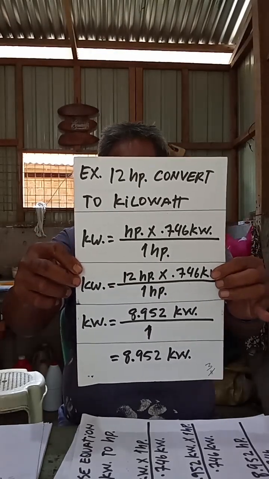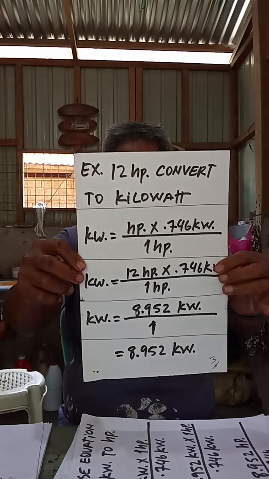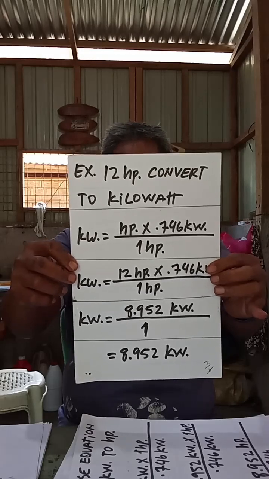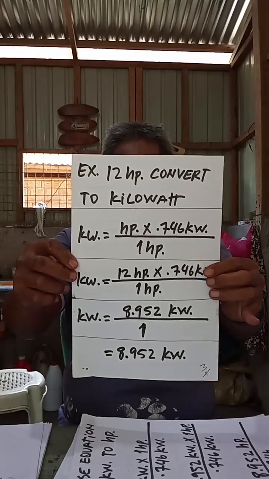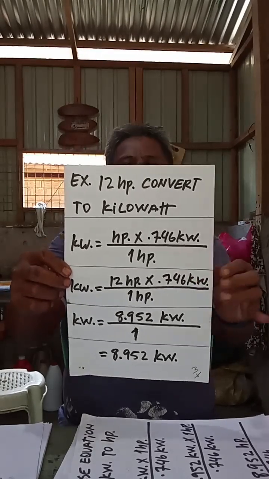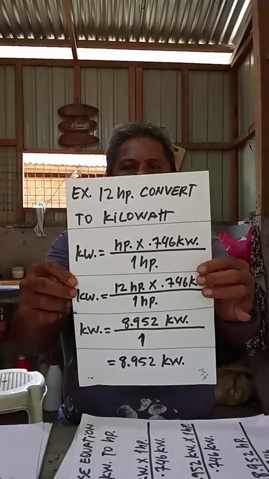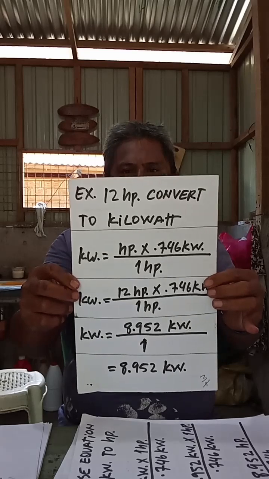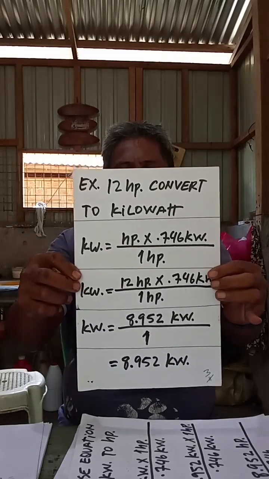So, baba tayo. Kilowatt. 12 horsepower times 0.746 kilowatt over 1 horsepower. So, horsepower over horsepower, so cancel. Tanggal ang horsepower at maiwan ang kilowatt.